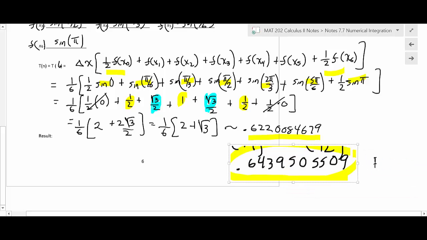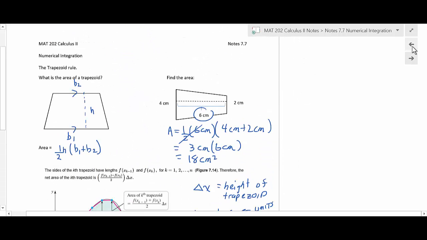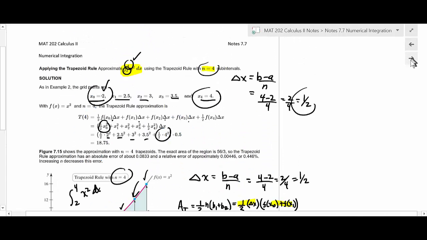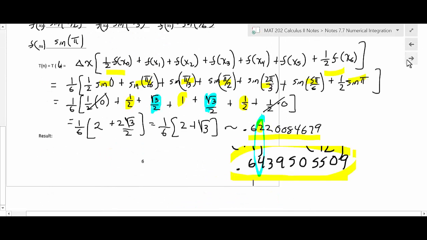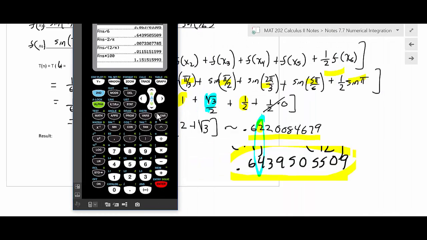Okay, so if you look at this one, they're off, the first decimal's the same, but when we get into the second decimal, you start losing some accuracy. So which one do you think is more accurate? Trapezoid, okay? Yeah, we got the exact answer, and when we did the exact answer on this, I forgot what the exact answer was. Was that one the one that was 2 over pi? Yeah, okay. So what I was going to show you is the exact answer, if I was to do 2 over pi like we already did, oops.